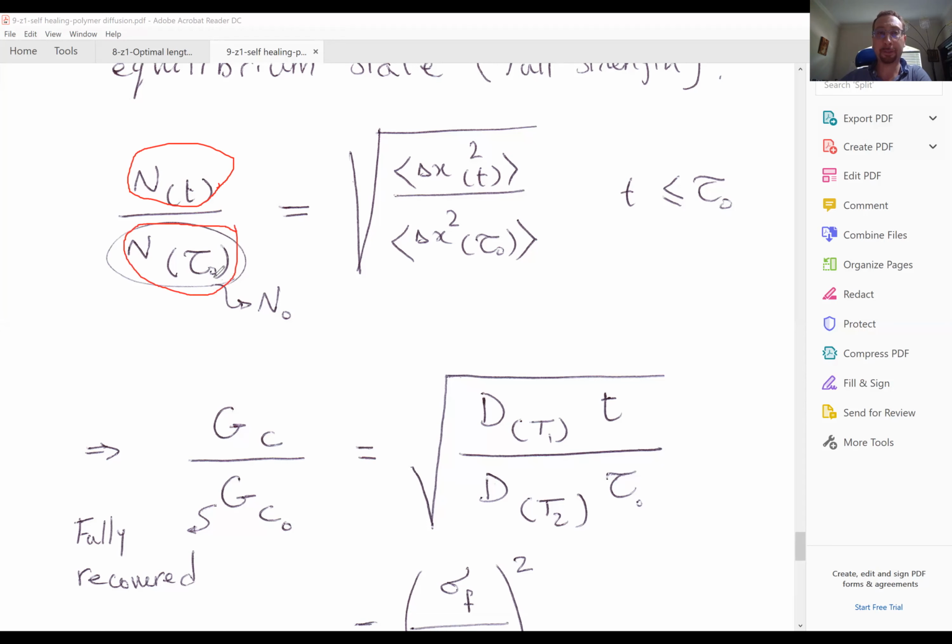But after a certain amount of time, which I call tau zero, this value gets its equilibrium value. And because n is proportional to the square root of x, we said the average delta x is proportional to the square root of delta x squared.